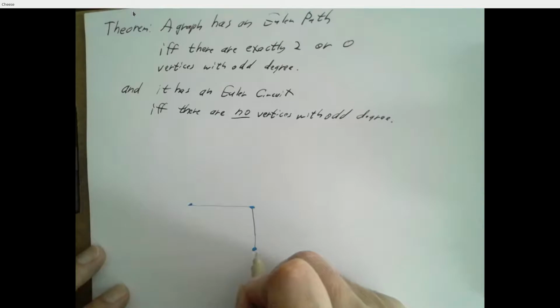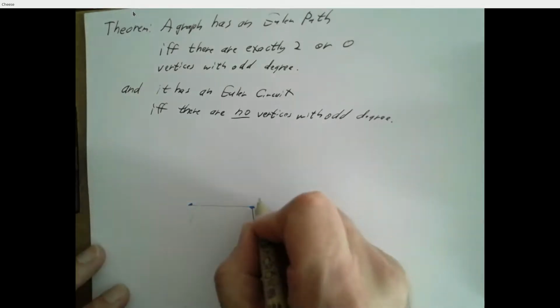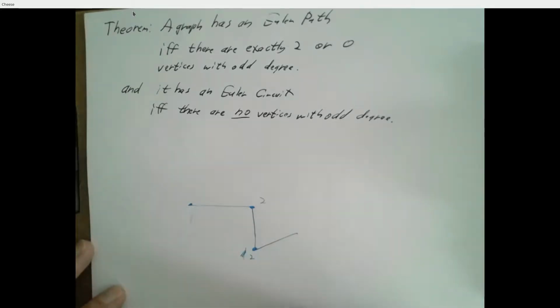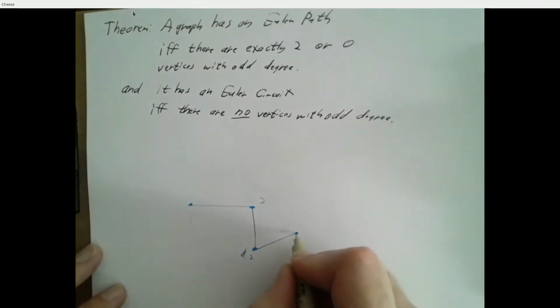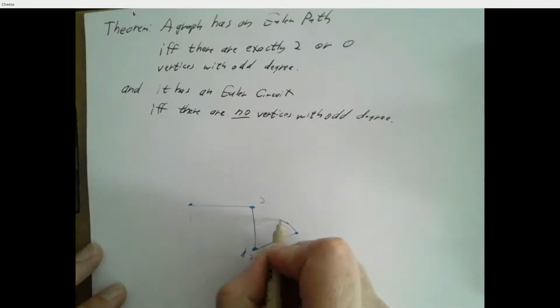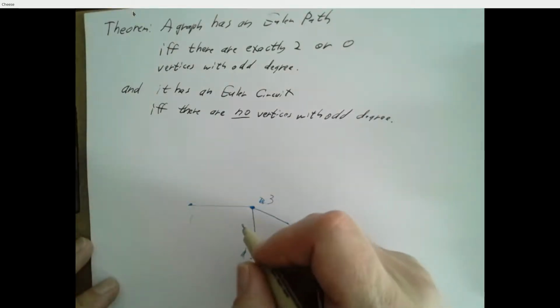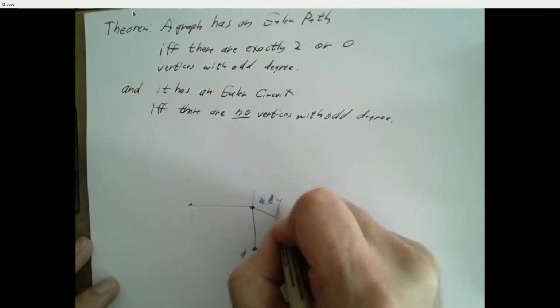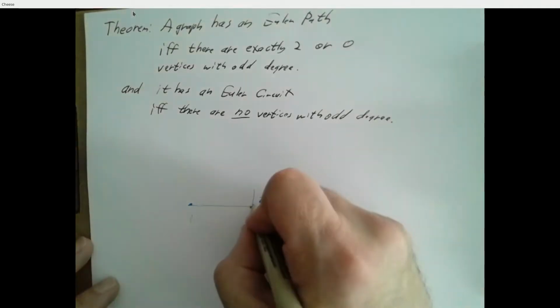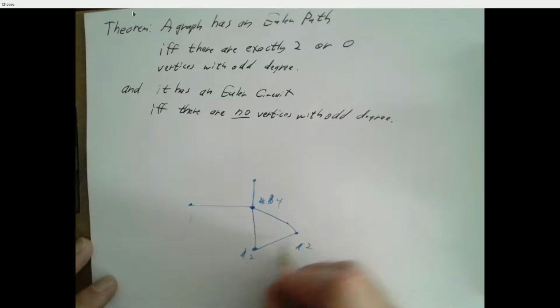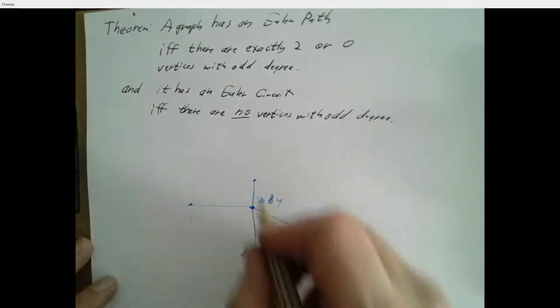Right, so I've got odd, even, odd. If I add another edge, this is going to become even, right? And this will become odd. If I decide to connect this back here, this will become even, and this will become odd, right? As long as I'm drawing a path, I'm going to start where I left off, which had an odd degree, so it's going to become even. And I've got this stray vertex of degree 1, or I can put it on another vertex that already exists, which will make that vertex odd, right?